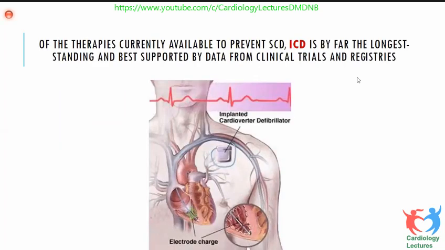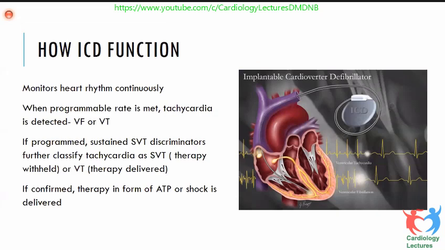Of the therapies currently available to prevent sudden cardiac death, we know that ICD is now by far the longest standing and best supported by data from clinical trials and regulations. How the ICD functions will be covered in more detail in today's and subsequent lectures about two weeks later.